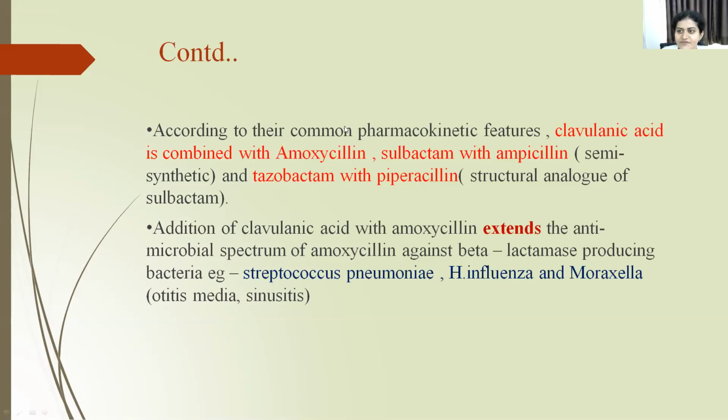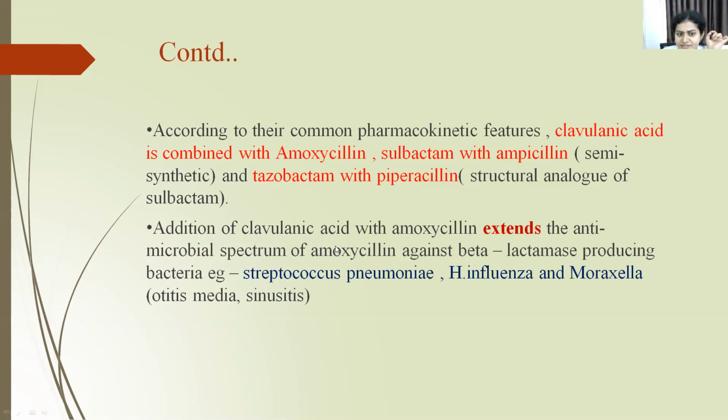So what is the advantage of this fixed dose combination? See, addition of clavulanic acid to amoxicillin extends the antimicrobial spectrum of amoxicillin against beta-lactamase producing bacteria. Amoxicillin is a drug which is sensitive to beta-lactamase degradation. If you remember the classification under sensitive to beta-lactamase, we have read this drug, that is amoxicillin, ampicillin.